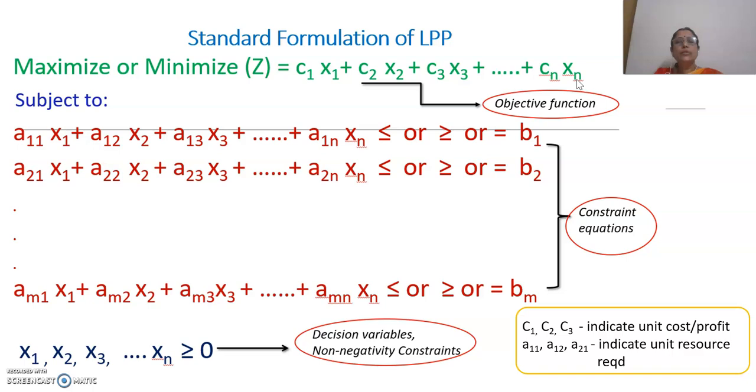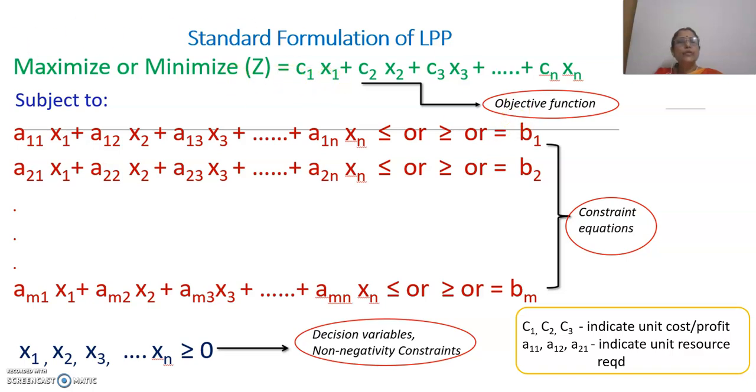So n can be 2, 5, 10 and so on. Now here in this objective function, C1, C2, C3, etc. indicate the unit cost or unit profit of the decision variables, depending on whether it is minimization or maximization.